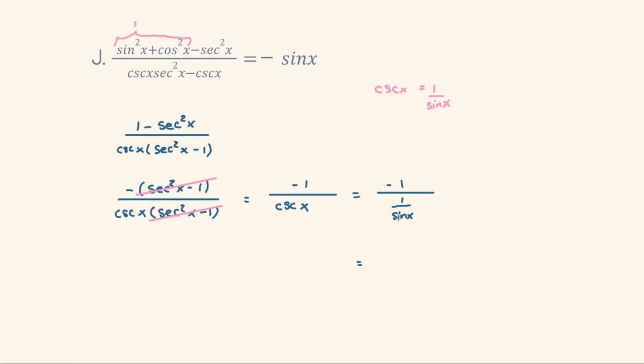And when we divide by a fraction, it's the same thing as multiplying by its reciprocal, right? So instead of minus 1 divided by, we'll do minus 1 times, and then we'll flip this fraction as sine x over 1, but sine x over 1 is just sine x. So I'm just going to write sine x, okay? And you're left with minus sine x, which is what we wanted to show from the start. So that's good, okay?